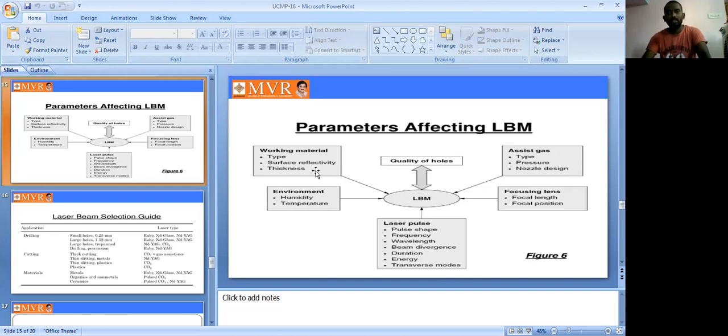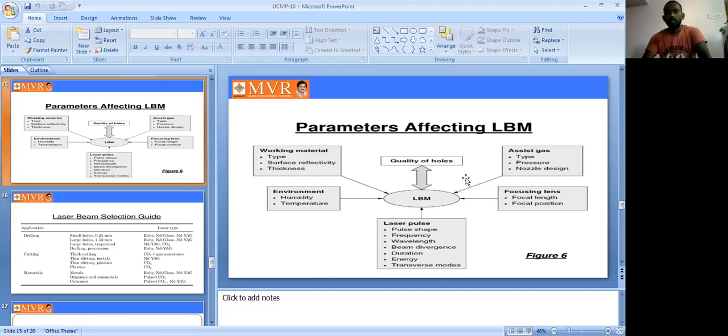First of all, the working material is very important. If we cannot take the work material properly, that is an effect on LBM.